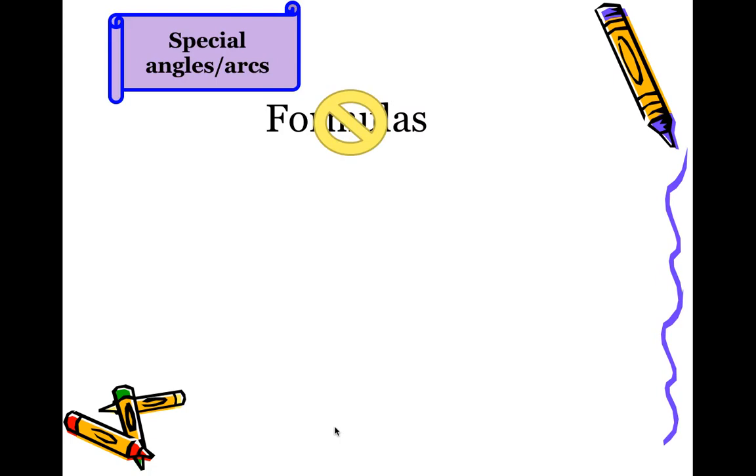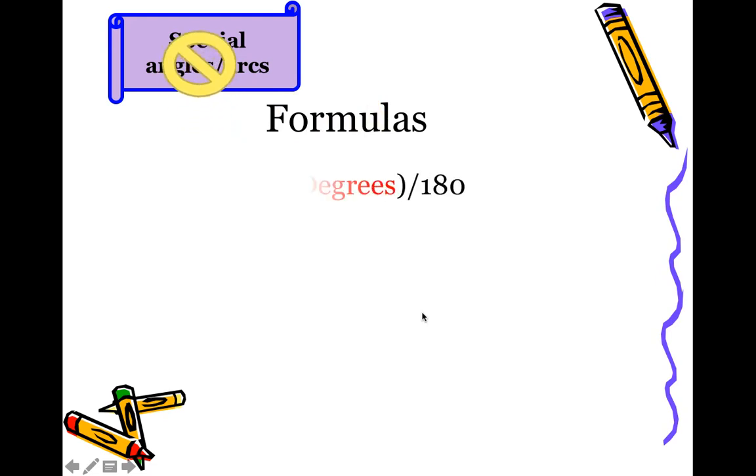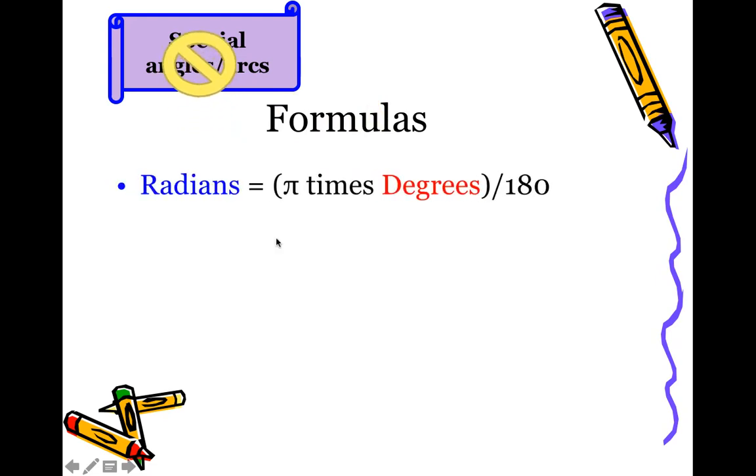There is a formula that I'm going to go through, but if it's a special angle, we shouldn't be using the formula. We don't want to sit there and use the formula. I will give you a few where you're going to work on that, but it shouldn't be happening on every single problem. So for radians, you're going to do pi times the degree divided by 180.